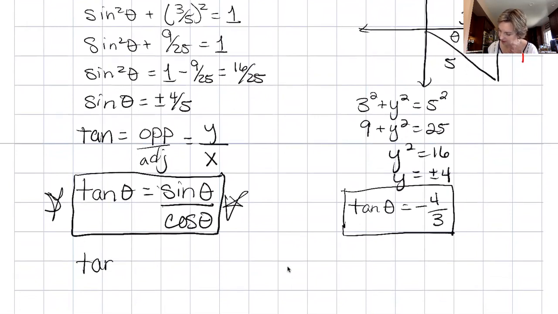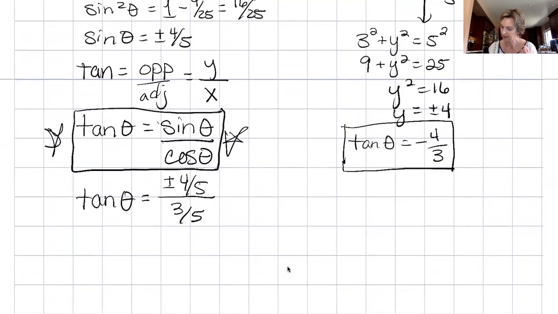Because tangent, sine we just now calculated as plus or minus 4/5. And cosine they gave us at the beginning is 3/5. Okay, that reduces to plus or minus 4/3. And again, which quadrant are we in?